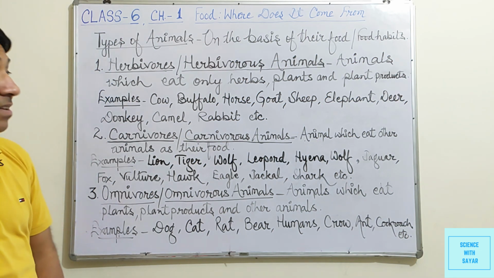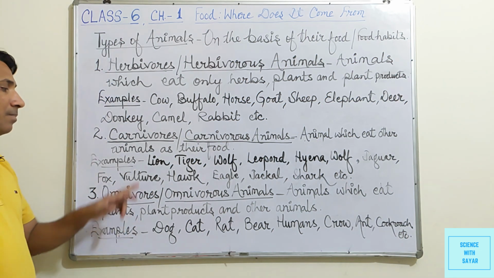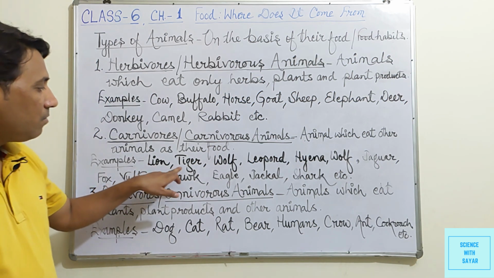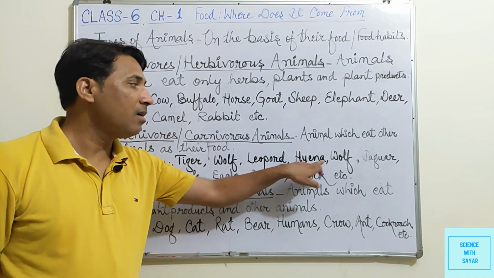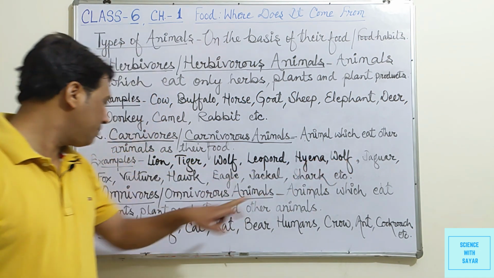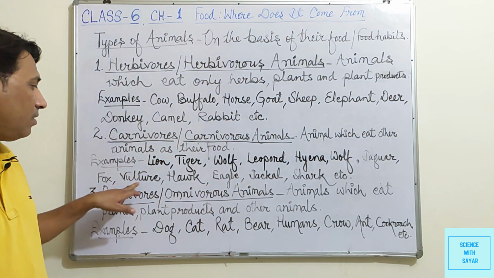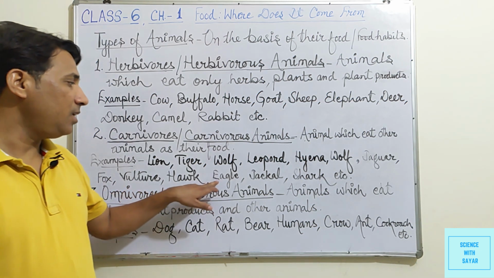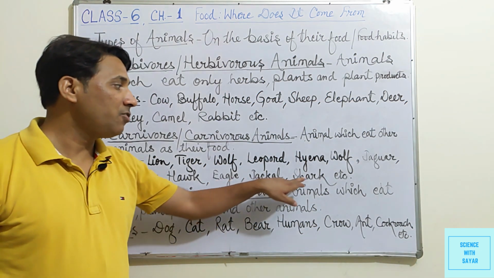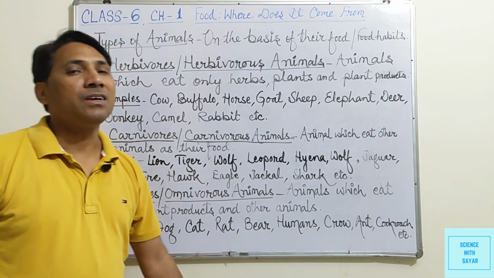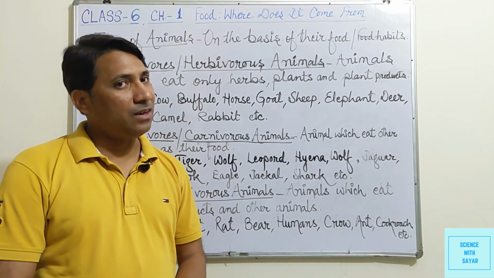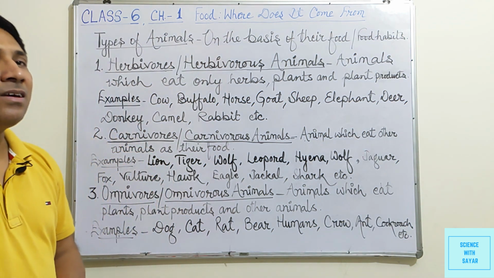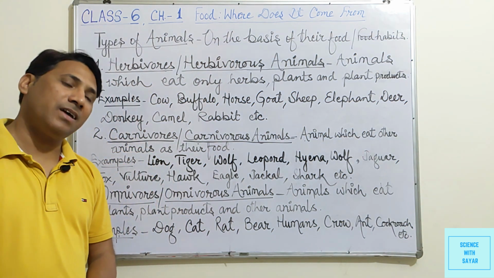And examples of these animals are lion, tiger, wolf, leopard, hyena, jaguar, fox, vulture, hawk, eagle, jackal, shark, etc.